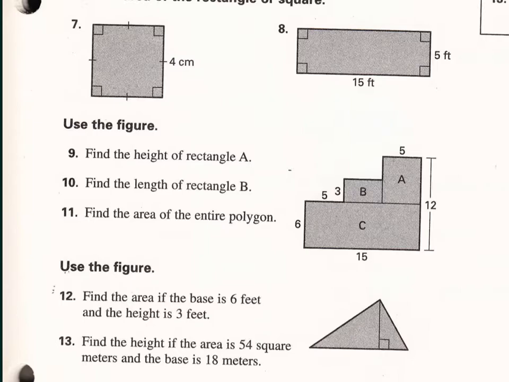Okay, 9, 10, and 11, we're talking about the odd-shaped stack of blocks over here on the right-hand side. Number 9, they want you to find the height of A. So here's A right here, okay.